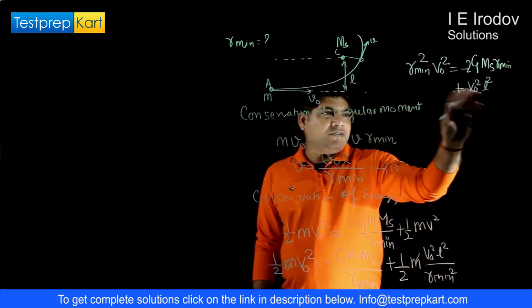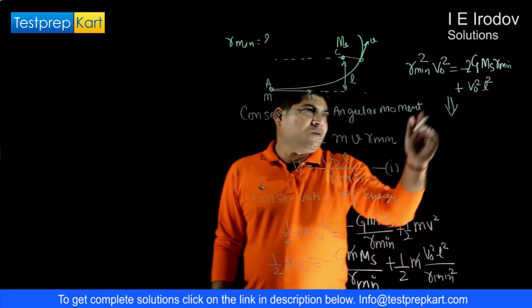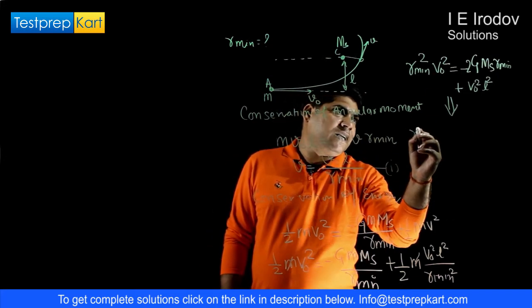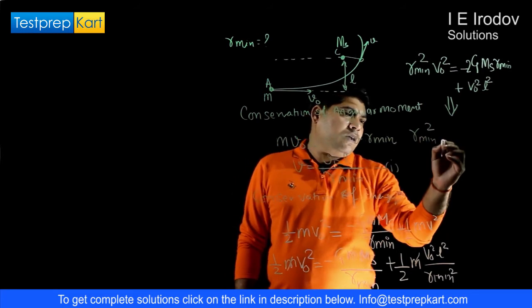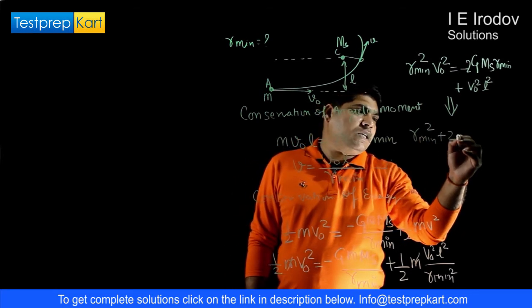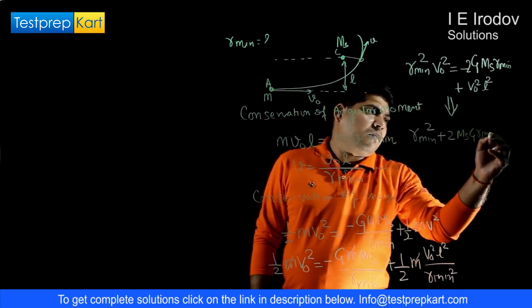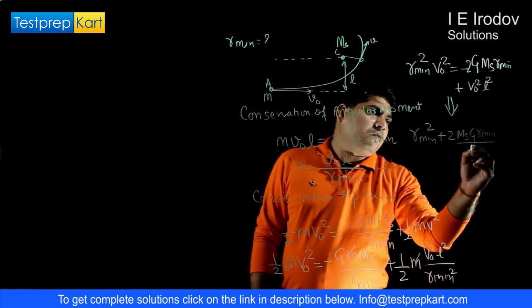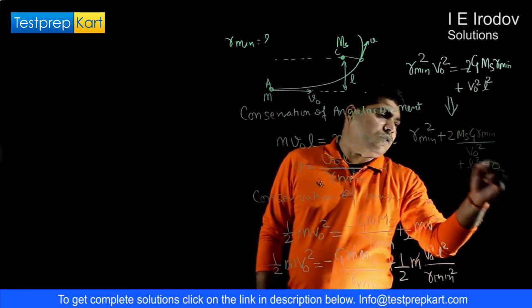This is our equation. So we can frame a simple quadratic equation. We can write r minimum square plus 2 G ms into r minimum upon v naught square plus L square is equal to 0.